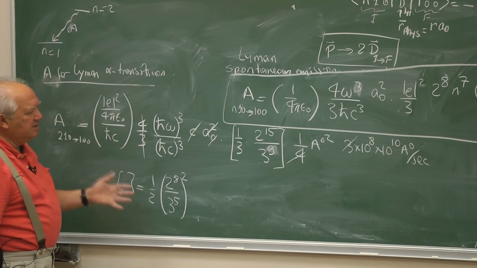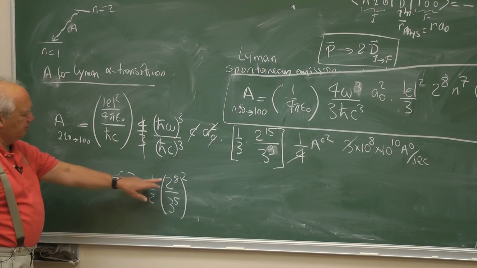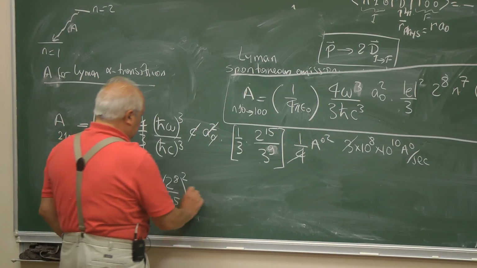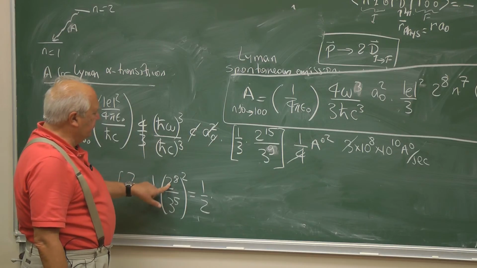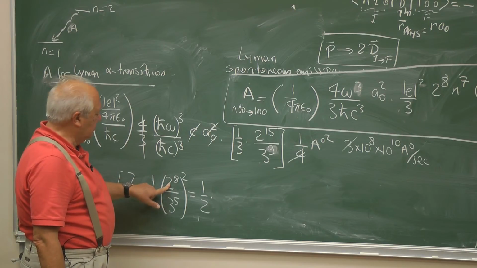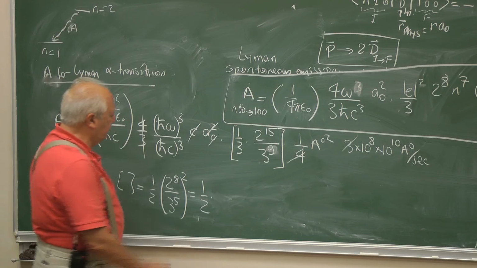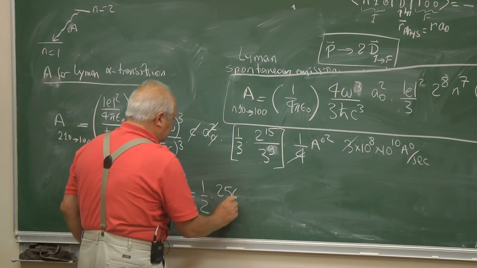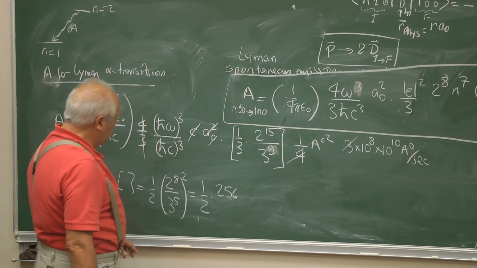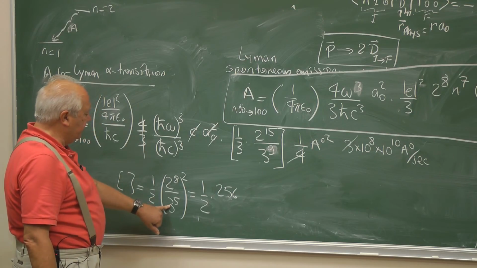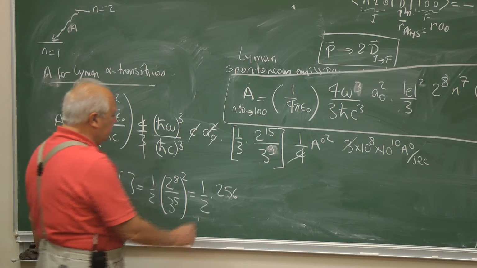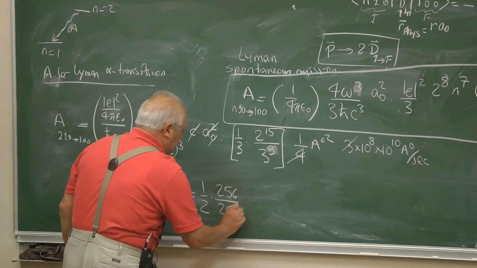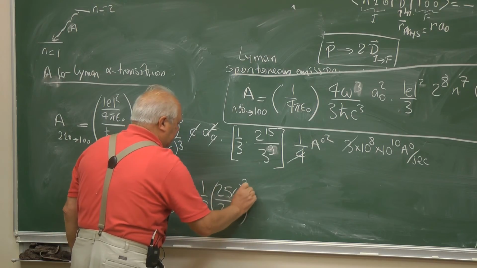Well, this is an interesting number. 2 to the 8, that's equal to 256. 2 to the 4 is 16, 16 times 16 is 256. 3 to the 5: 3 square is 9, 9 times 9 is 81, 3 times 81 is 243. 243 square.